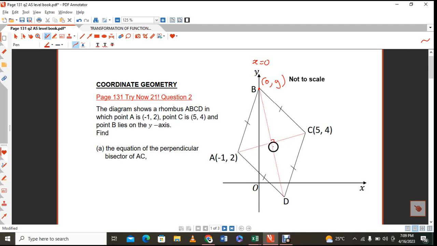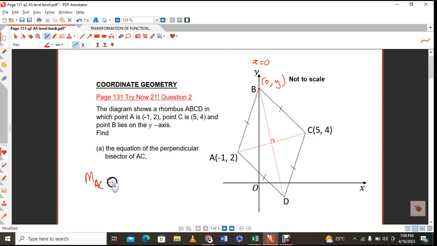So if we can find whatever the gradient of AC is, we will see that the gradient of BD will be the reverse of that with the opposite sign.